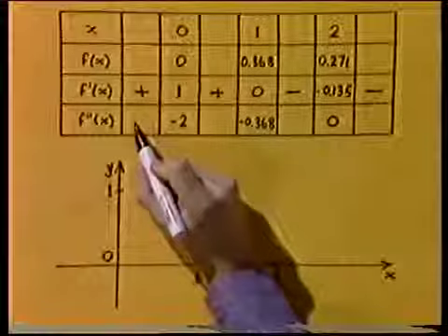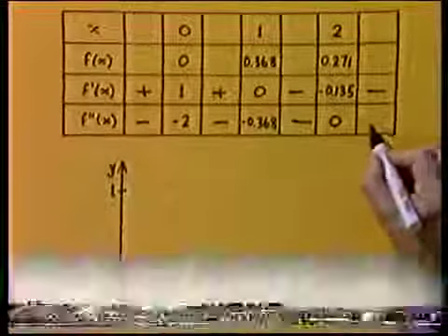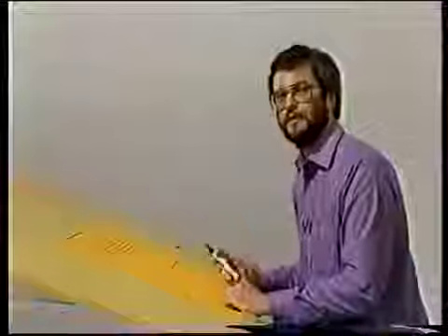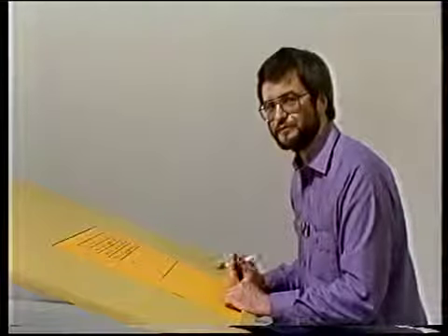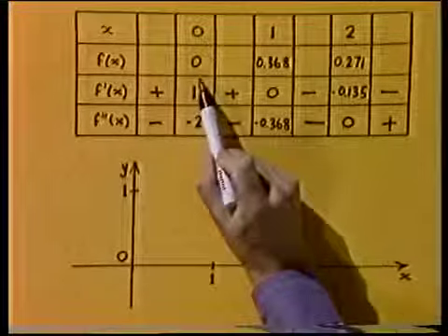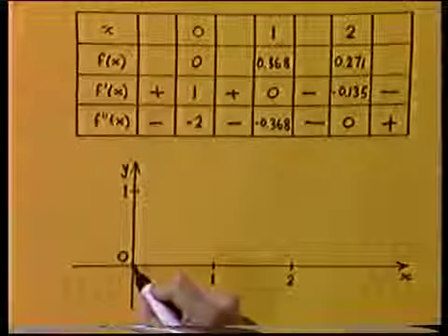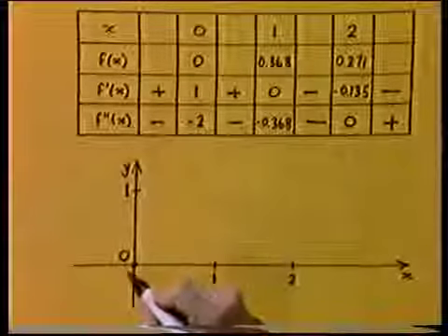And f double prime is negative up to x equals 2 and positive thereafter. And now it's just a question of using the table to help sketch the graph. When x is 0, f of x is 0. And f prime of x is 1, so I can draw in this tangent.